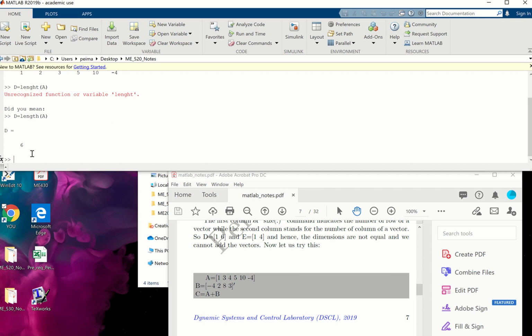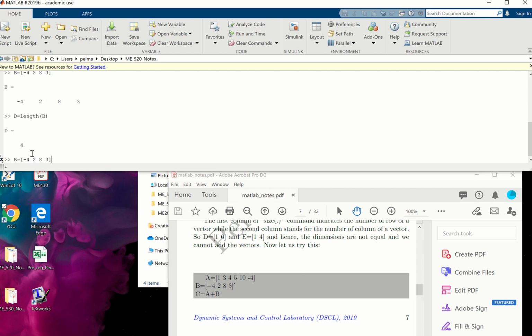The length command in MATLAB gives you the number of columns. Or if I say B again, for refreshing your mind, find me the length of B, the number of columns, it's going to give me 4, because it has 4 columns.